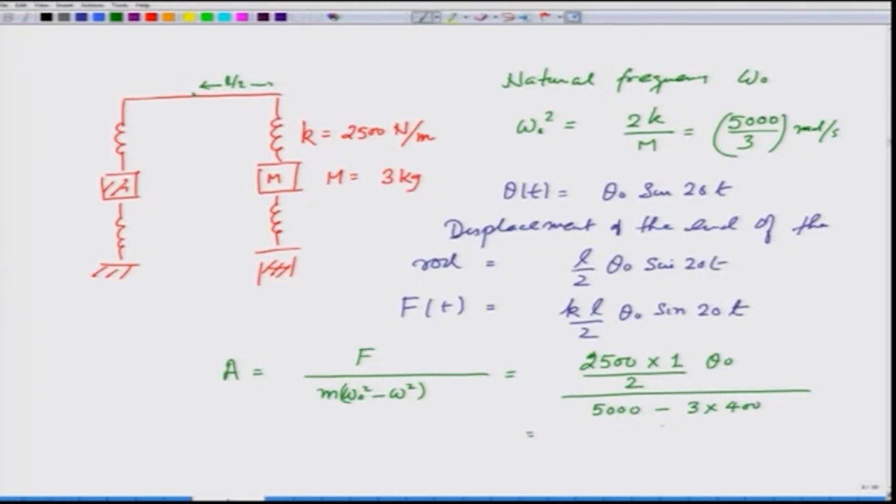So, this is going to be 1250 theta 0 divided by 3800, and the amplitude maximum that I want is 20 times 10 raised to minus 3.